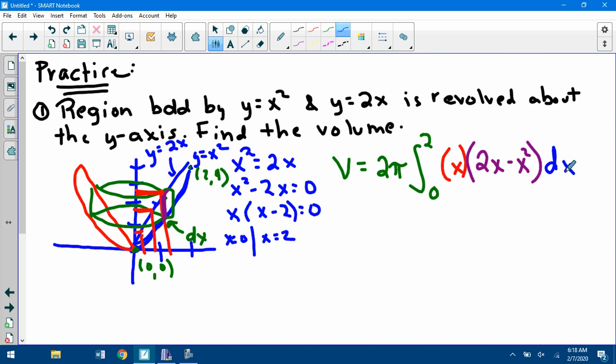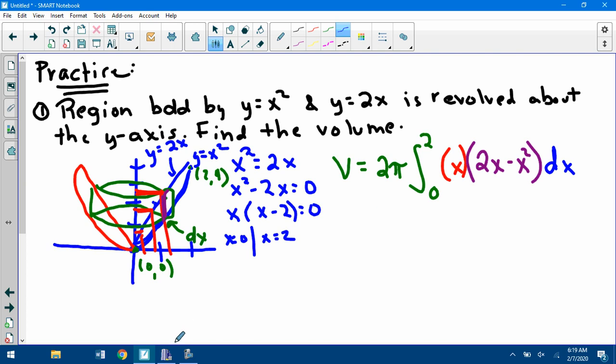Remember neither of these are squared, because length times width times height, a rectangular prism's volume isn't squared. All right, so I think the purple part should make sense to most of you. That's the height. I get that the radius could be a little weird to think of. I used to think it should be whatever this first equation was, but that would be a y distance from here to here. So it's whatever x value we're using, however far out in x I'm going.